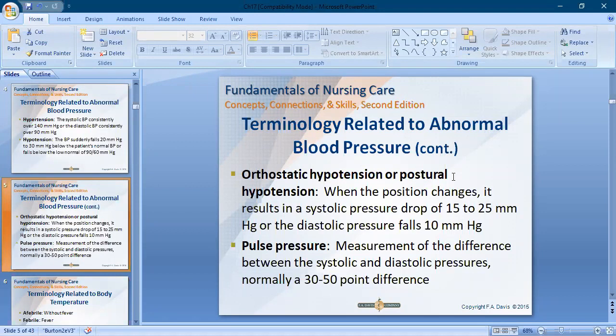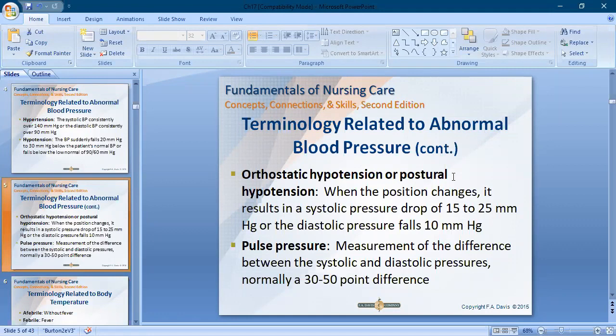Another patient is lying down, but suddenly stands up or sits up from the lying position, and blood pressure drops. This is called orthostatic. Ortho means position change, so hypotension, and there are both names, orthostatic hypotension or postural hypotension.